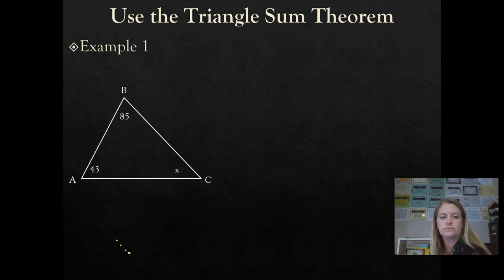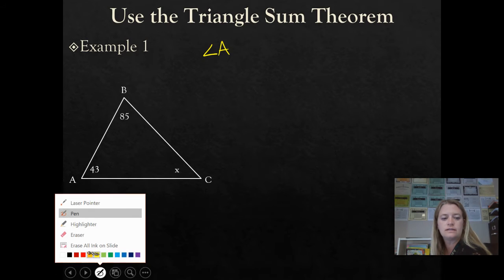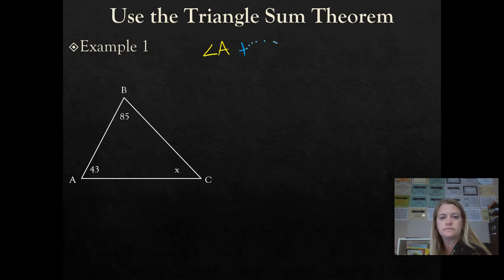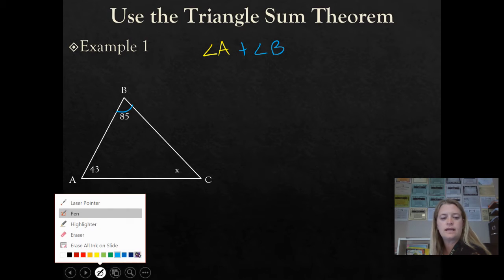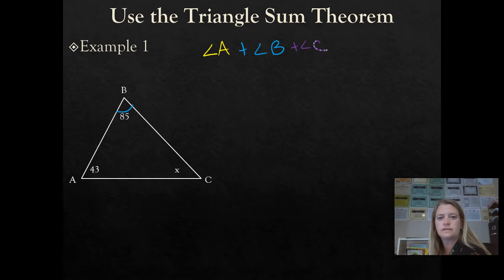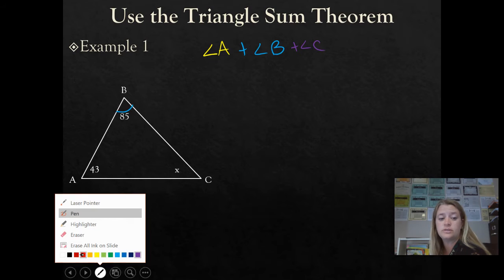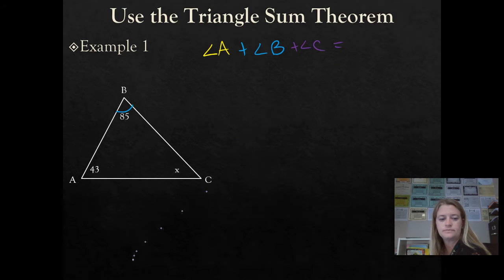That's why we use the X. We know the triangle sum theorem says we need to do angle A plus our angle B, I'm going to highlight that as well, and angle C, they all have to equal up to a total of 180 degrees, which is the same as a straight line. So it should be easy to remember.